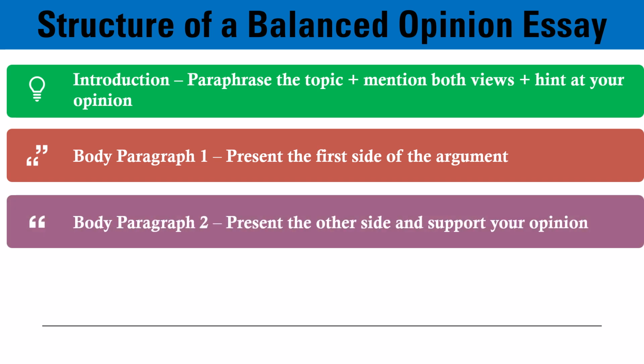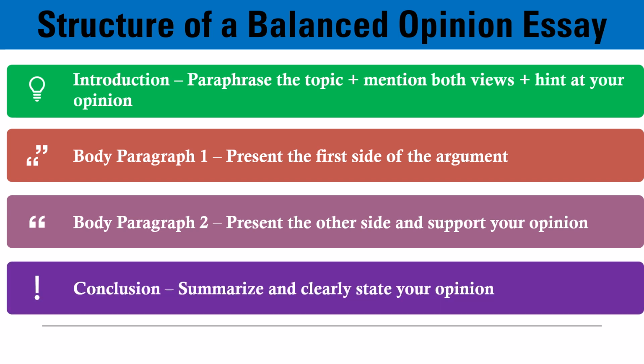In body paragraph 2, you present the other side which you support more strongly and explain why. Finally, in the conclusion, you summarize both sides briefly and clearly state your final opinion. This structure helps you keep your ideas clear and organized throughout the essay.